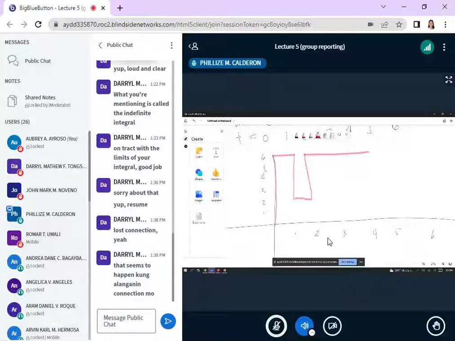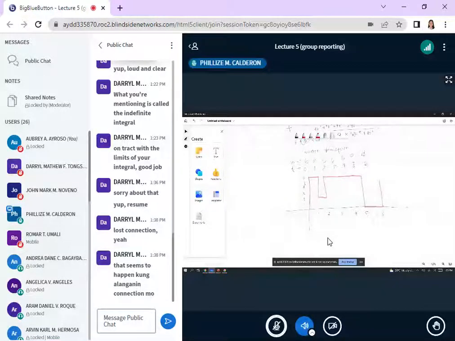At time 5, 0 siya, babagsak na siya. Then, at time 6, ito siya ng 4. So, ganyan yung magiging construction natin.